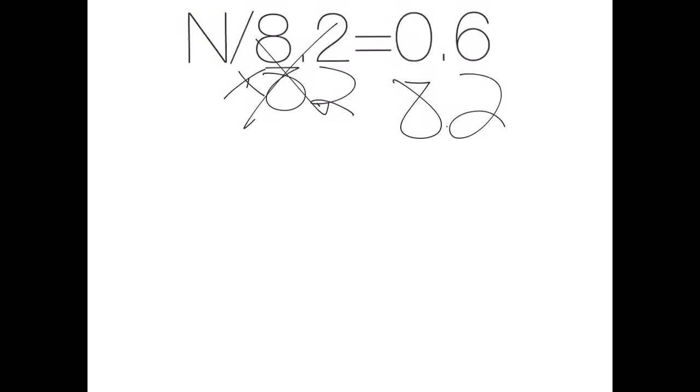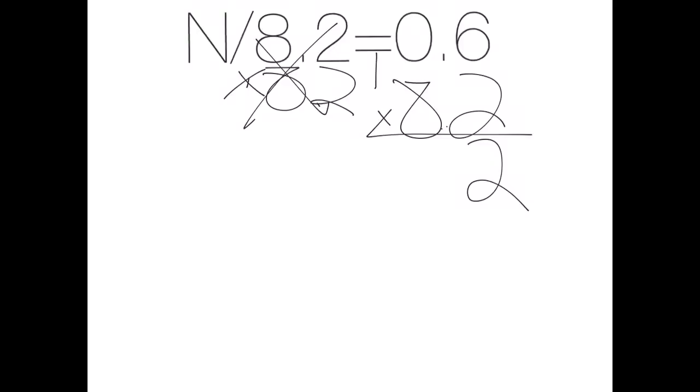So, dividing decimals with variables is exactly the same as adding, subtracting, and multiplying them. So, you must cancel out 8.2 by multiplying it by itself. Done. 8.2 can now be multiplied by 0.6. 6 times 2 is 12.